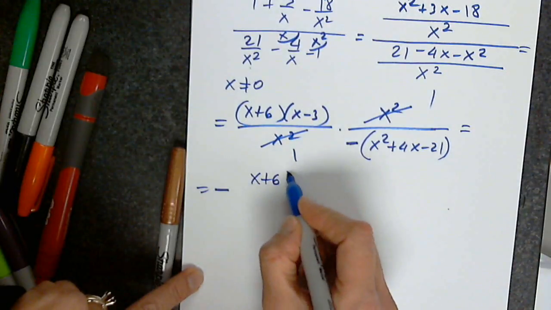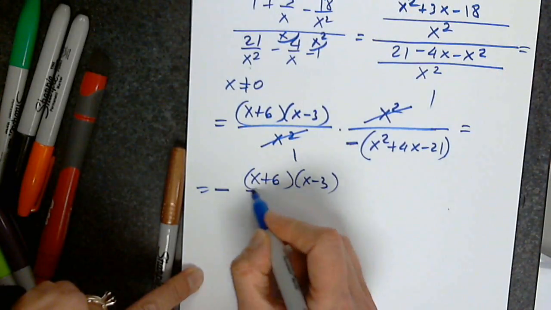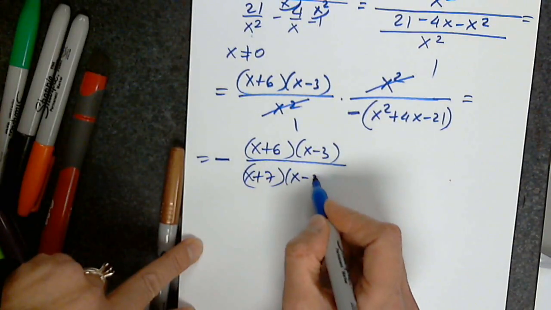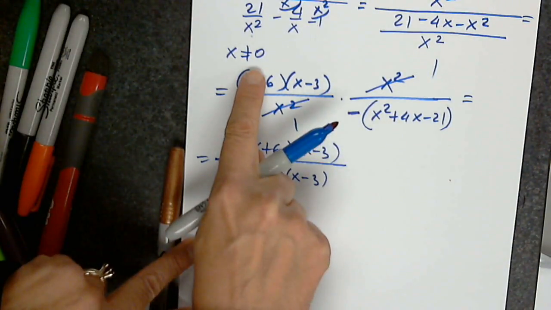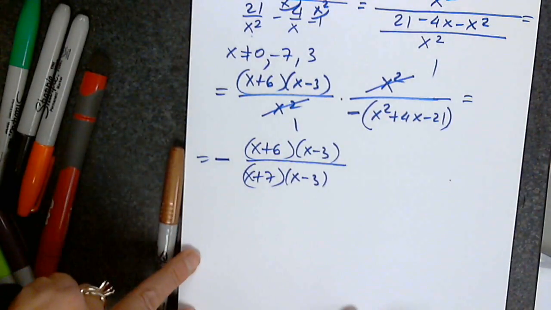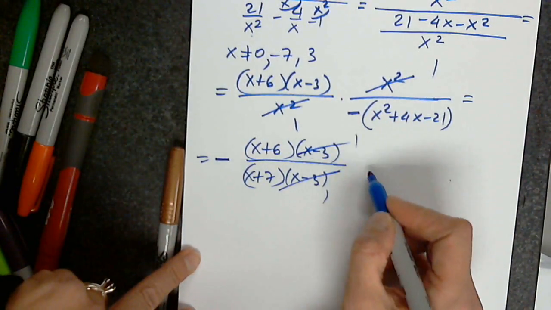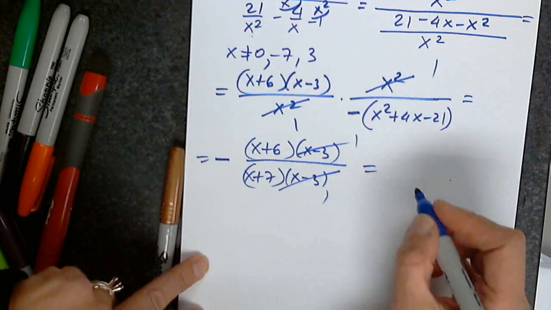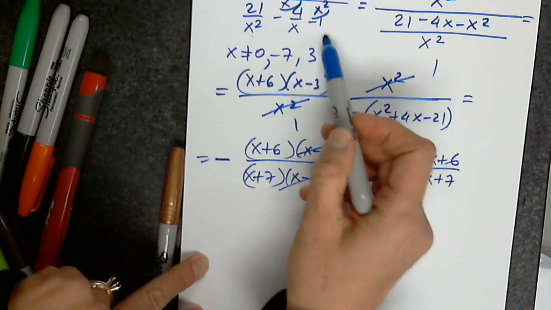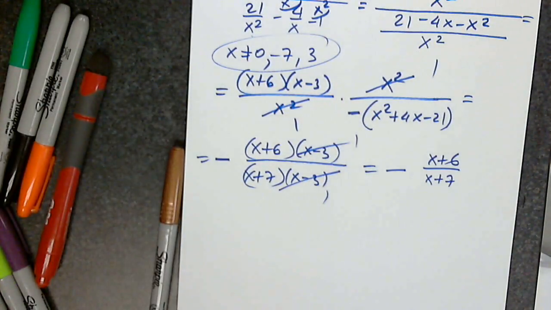The top is x plus 6 and x minus 3. And luckily the denominator will be x plus 7 and x minus 3. I have two more restrictions to add to this list, negative 7 and 3. And then x minus 3 goes away. So the simplified form is negative x plus 6 over x plus 7, assuming these conditions are fulfilled.